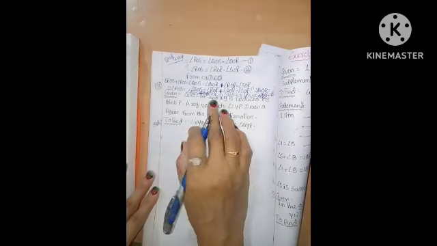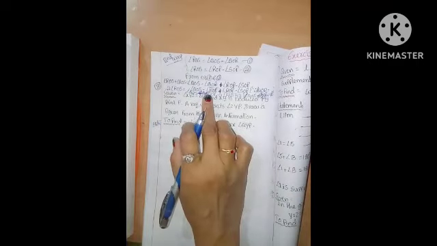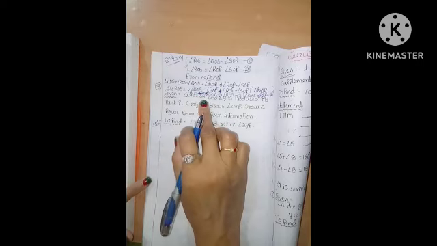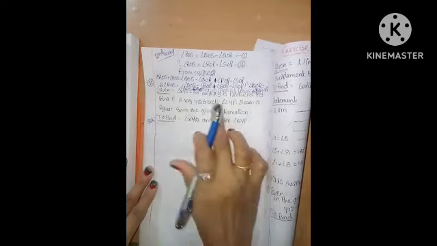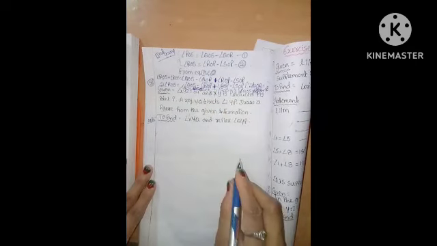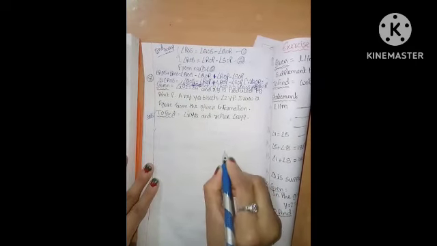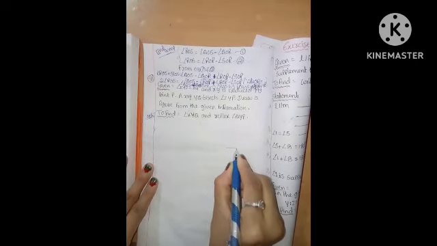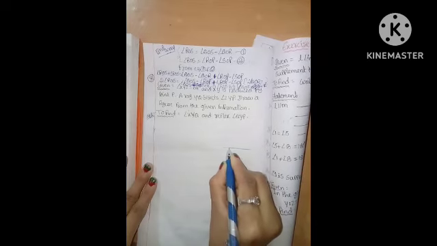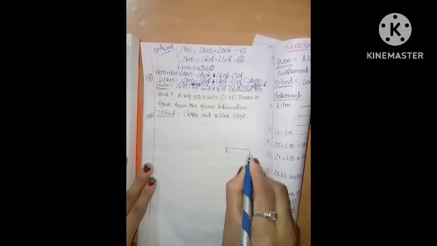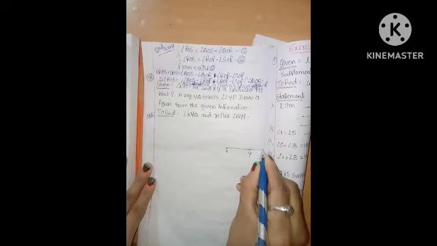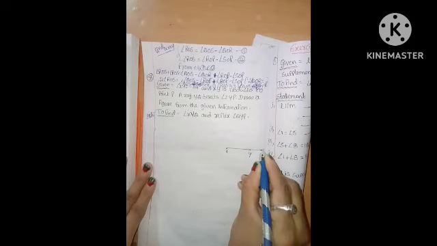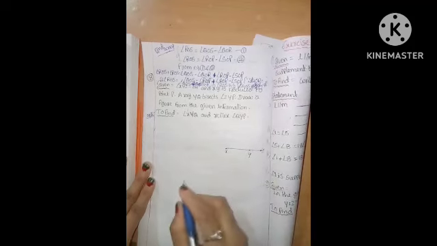What is given, what is asked. First, angle XYZ is equal to 64 degrees. Next, XY is produced to point P. Here it is X and this is Y, produced to point P.